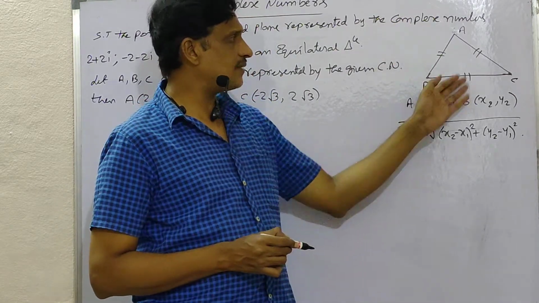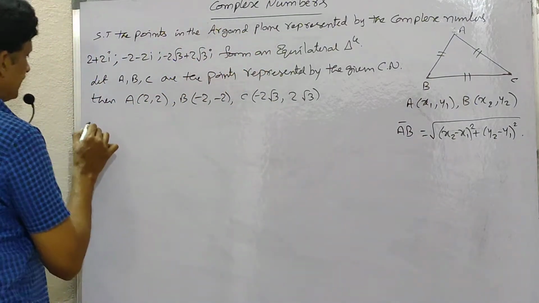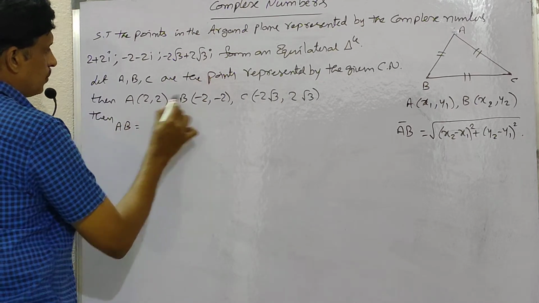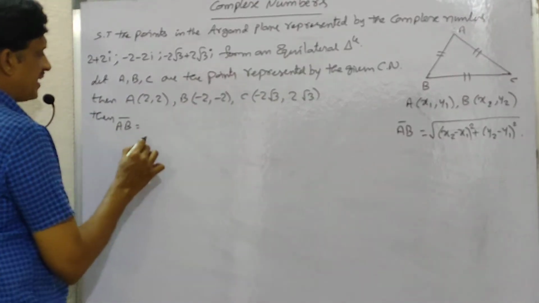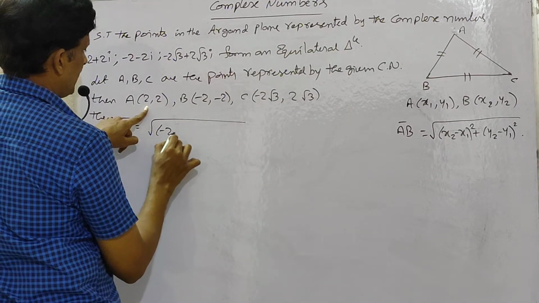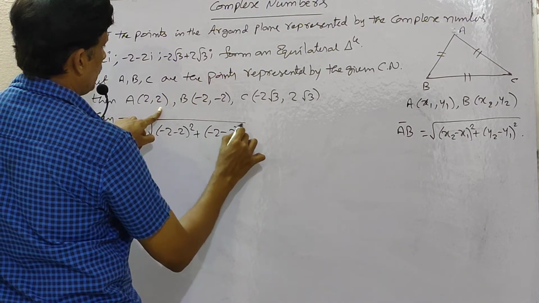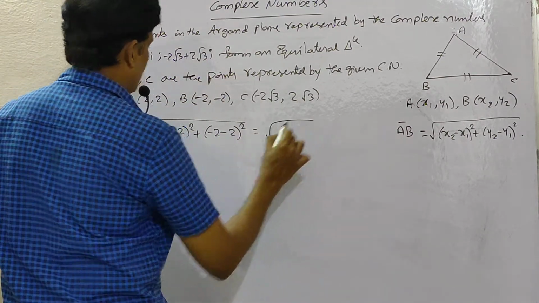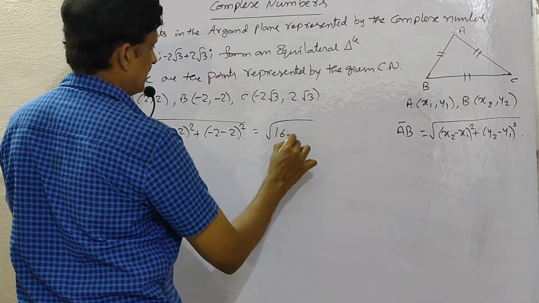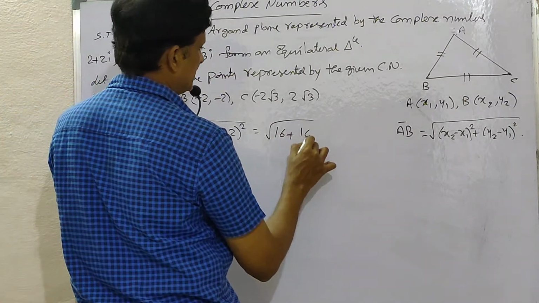So first find the lengths of the 3 sides AB, BC, CA. Lengths mean distances. So AB is equal to the distance between A and B, that is the square root of (x2 minus x1) whole square plus (y2 minus y1) whole square, which will be minus 2 minus 2, minus 4 whole square, 16, plus minus 2 minus 2, that is minus 4 whole square, 16.